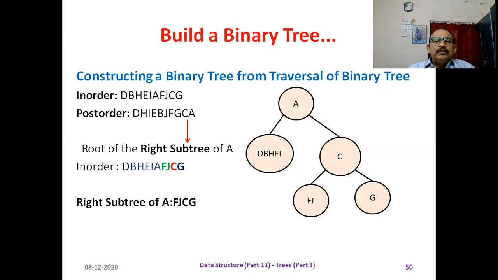Here you can see in the right nodes of the right subtree, the node C appears first. It means C becomes the root of the right subtree.